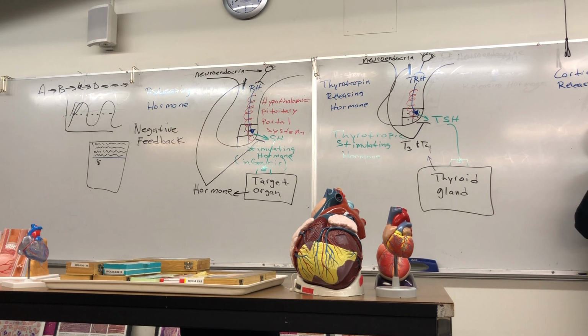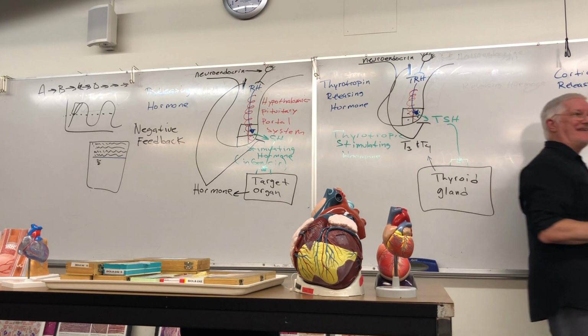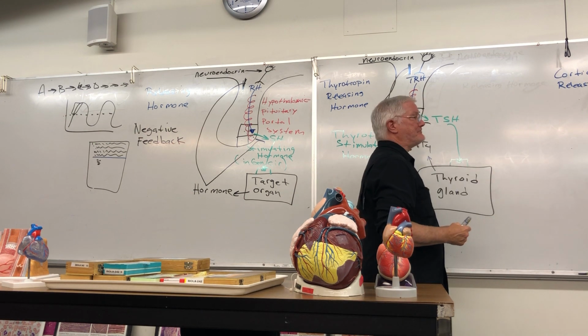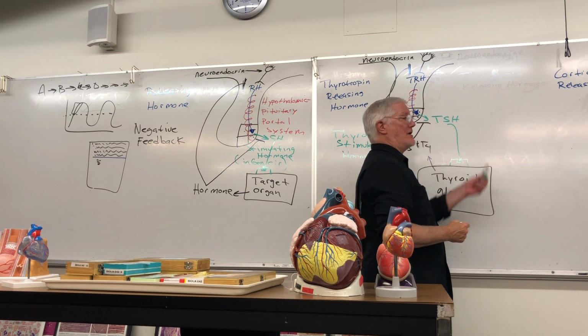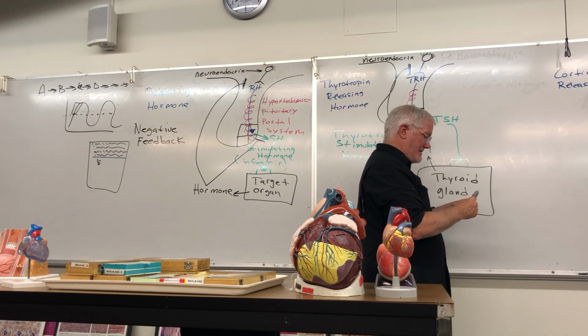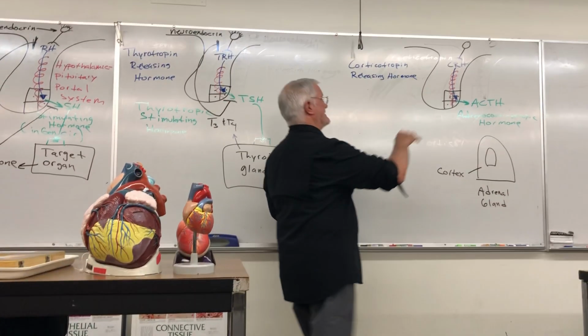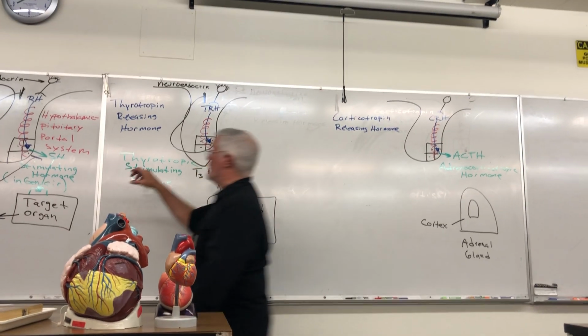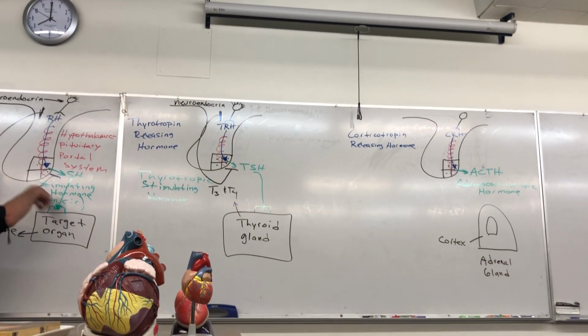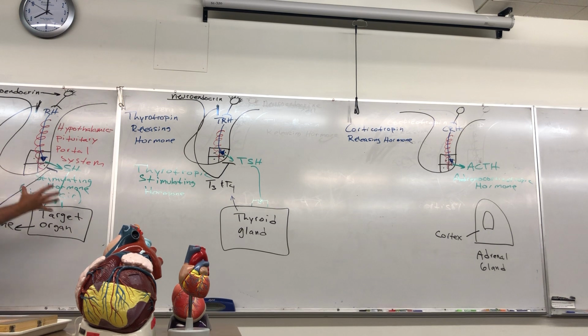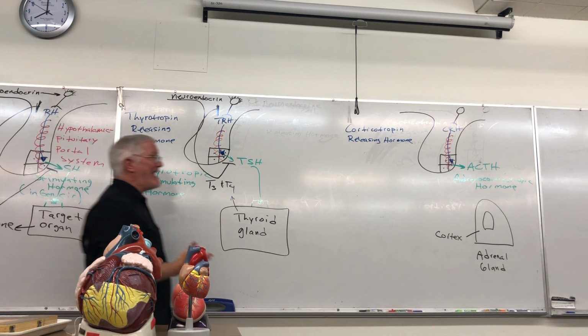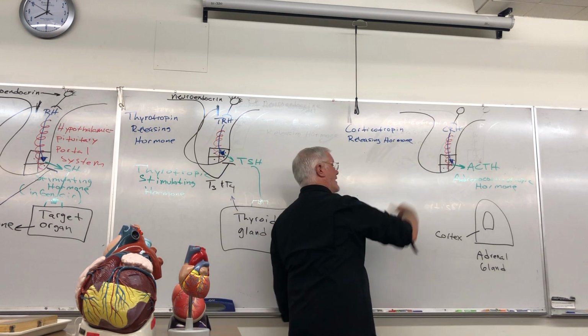Adrenocorticotropic hormone. That's a mouthful. I've only got 4 letters to play with when I abbreviate it. Right? And this is also, don't forget, listed in your textbook if you're trying to remember how to spell these things. Now, I know ACTH is a stimulating hormone. I know stimulating hormones are in general circulation until they find the appropriate target cell that has the appropriate receptor. I need to convey that with my diagram.